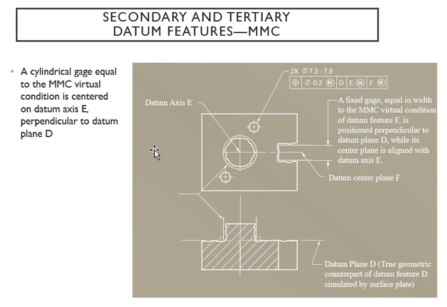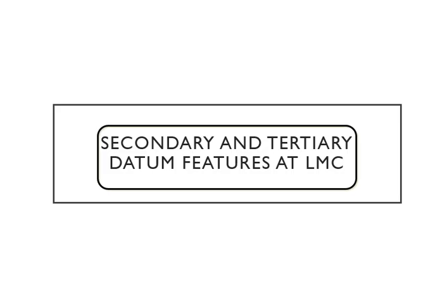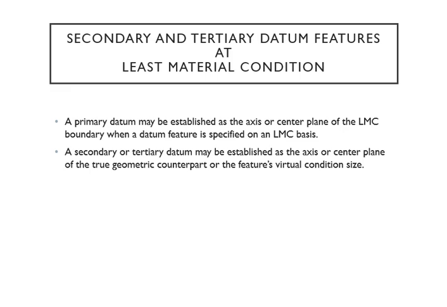So when you think about the fixed gauge, this one is for the F, also with MMC, and it's going to be positioned perpendicular to your datum plane D, and also your center plane is aligned with this E. We have already seen that in the previous diagram. So that covers secondary and tertiary datum features, and now we're going to go into least material condition.